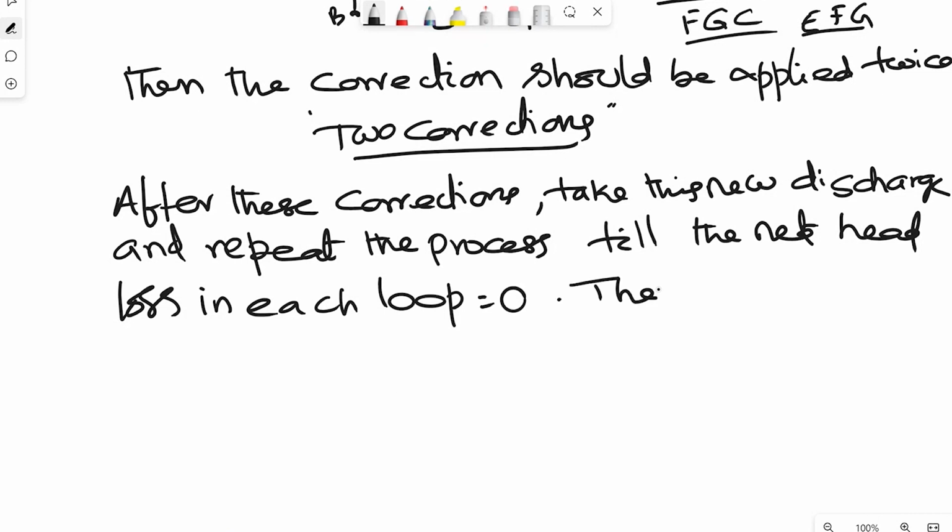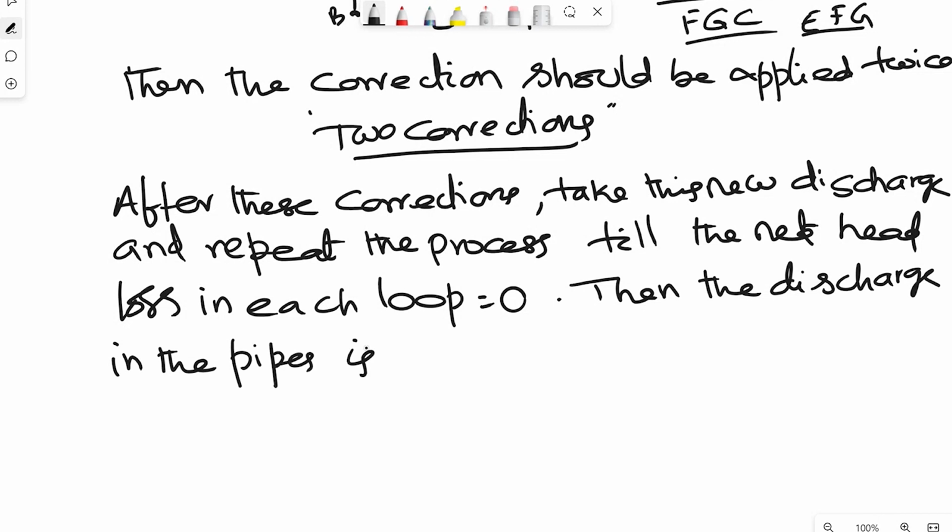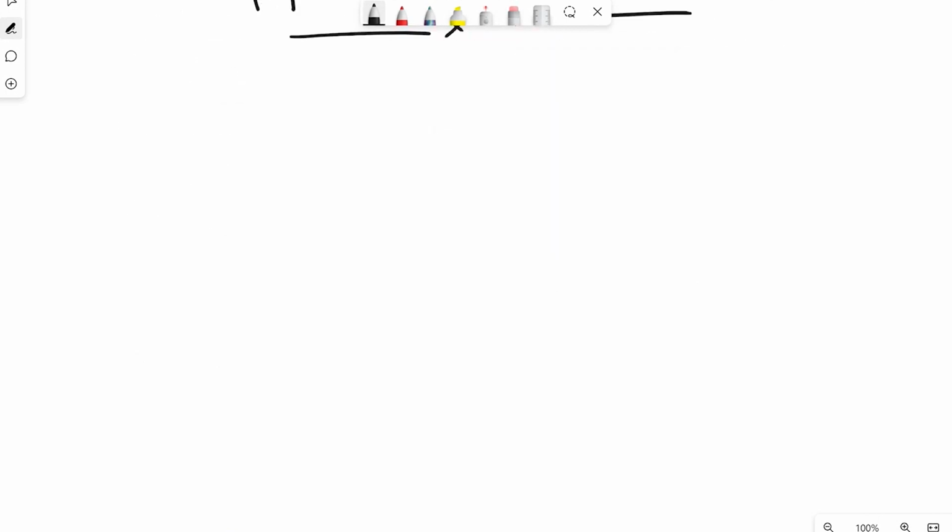Then the discharge in the pipes is correct. So it started with a trial value, and for the trial value we applied corrections, then again did the second time, applying correction till the net head loss is 0.